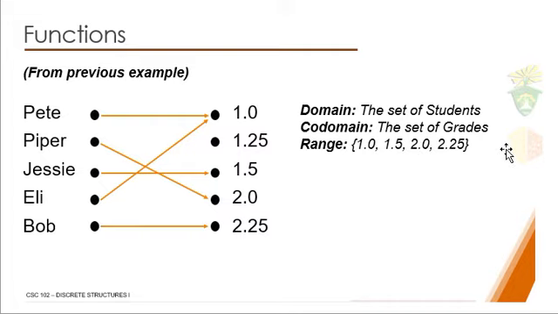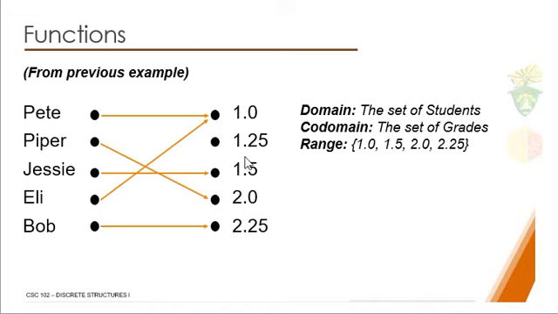Notice that for this case, the codomain is the set of grades, and then the range is not the same. The codomain and the range are not equal. It is not automatically equal, it depends on the given function.